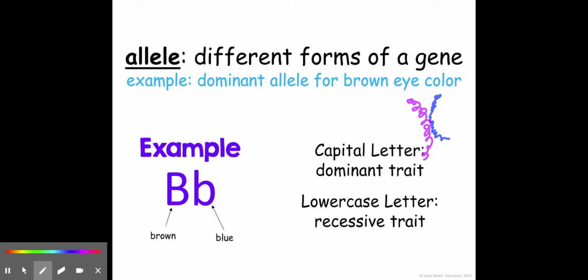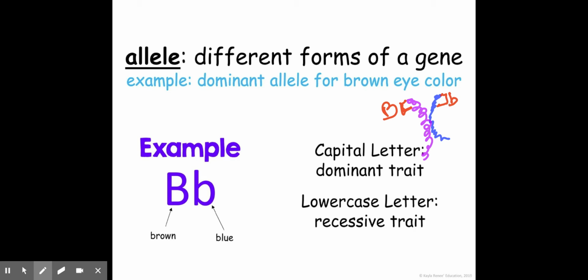In this example, we have a dominant allele for brown eye color and a recessive allele for blue eye color. Let's say this is the eye color gene. Mom has a capital B for brown, and dad has a lowercase b for blue.